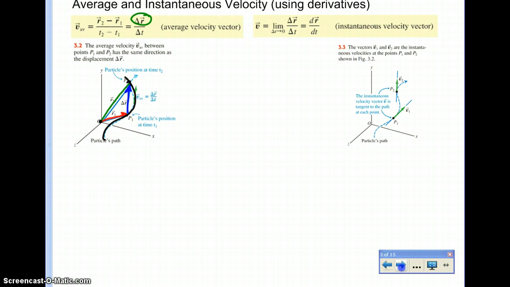So when we look at instantaneous versus average, all we're doing here is writing the same thing we did back in the first chapter of the unit in a slightly different way, from the point of view of a unit vector, taking the derivative of position and time to find instantaneous velocity, or finding the slope of a line between 2 points on a curve to find average velocity. This is the same concept, but the notation looks a little bit different.